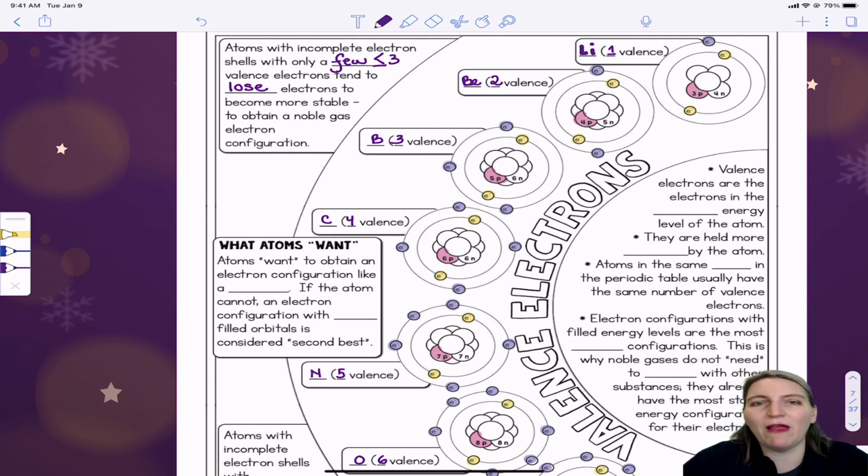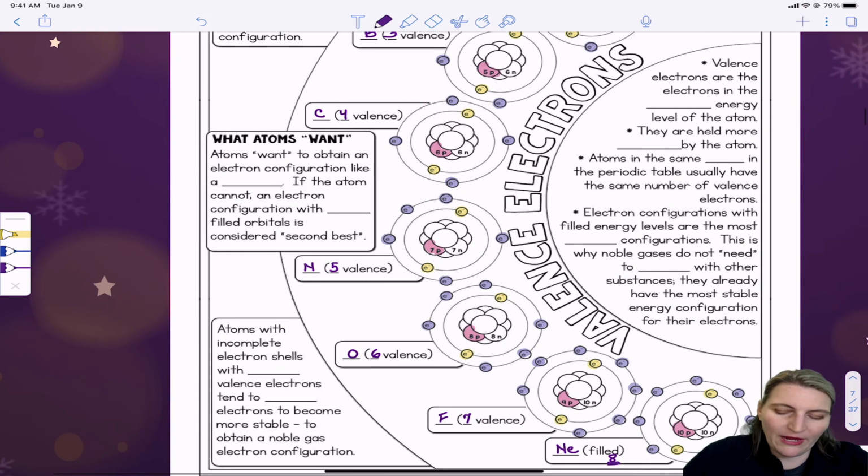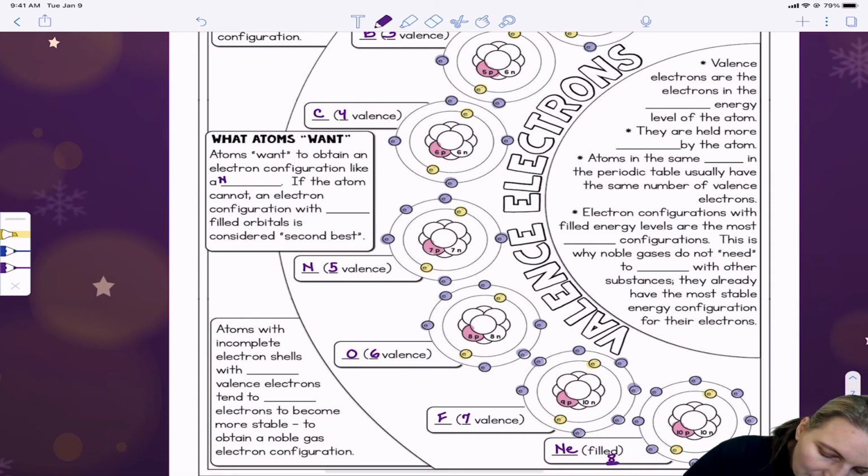The most stable electron configuration is when the outermost energy level is full with 8 electrons. So these guys tend to lose electrons to become more stable, to obtain a noble gas configuration. In the middle here, it says atoms want to obtain an electron configuration like a noble gas.